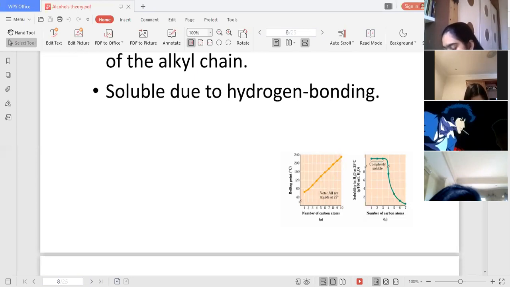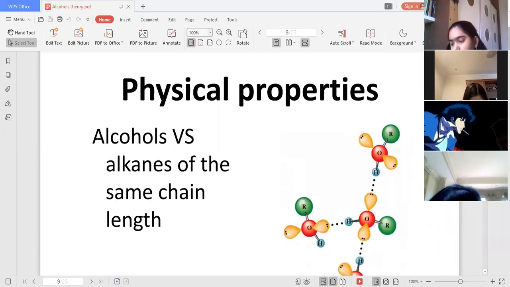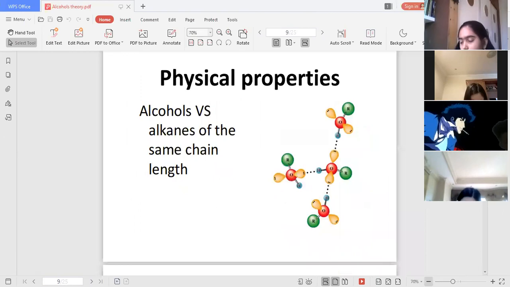Okay, next, as discussed, we still have 15 minutes. For physical properties, alcohol versus alkane of the same chain length: alcohol is able to dissolve. What is the meaning of this dotted line? It means the formation of hydrogen bonding.